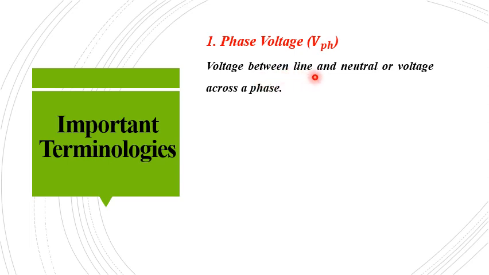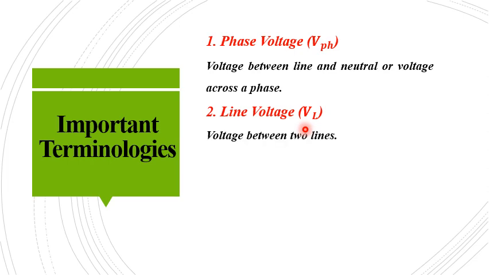In the case of a star connection, it is the voltage between one transmission line and a neutral. Then the second one is the line voltage, which is denoted as VL. Line voltage is the voltage between any two transmission lines.